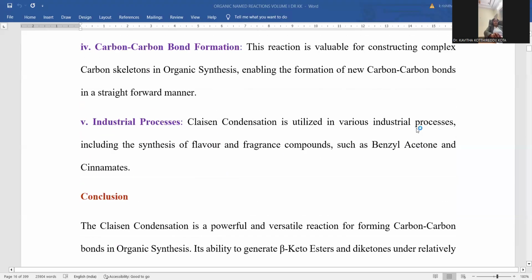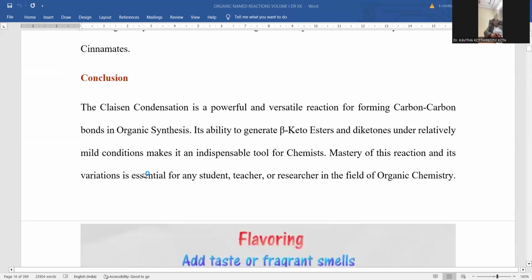Industrially, so many kinds of materials are introduced, like flavoring agents, fragrance agents, benzyl acetone, cinnamates. All of these can simply be synthesized by this Claisen condensation process, right? Let me conclude this named reaction. Claisen condensation is a very powerful, very versatile reaction for the formation of new carbon-carbon bonds in organic synthesis.